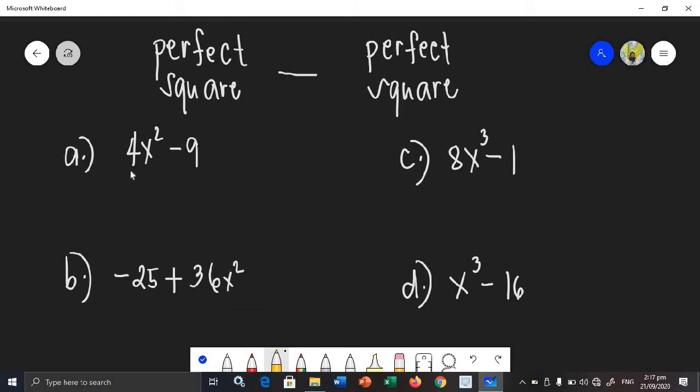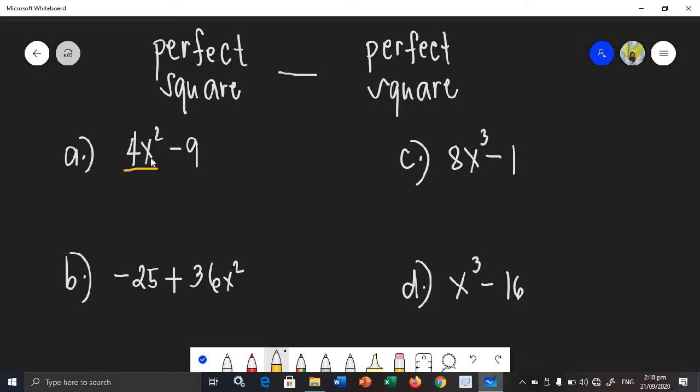So the first term is 4x squared. 4 is a perfect square, yes. X squared is a perfect square. To identify if the variable is a perfect square, just take a look at the exponent, and if the exponent is a multiple of 2, therefore, that is a perfect square. In this case, 2, yes, 2 is a multiple of 2, of course.